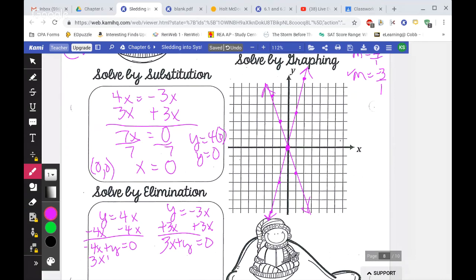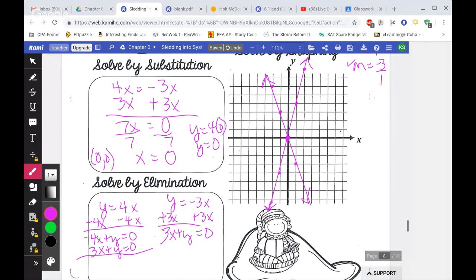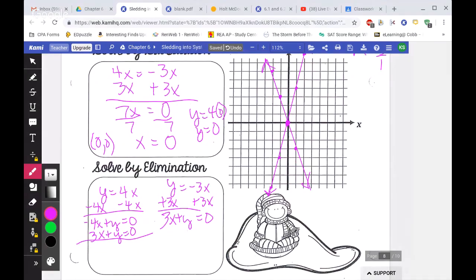And now I'm going to line them up because they're both in ax plus by format. My y's have matching coefficients. So I check out the sign preceding the y's. They're both addition. So matching signs means I'm going to subtract one equation from the other. So I have negative 4x minus 3x. So that's negative 7x.